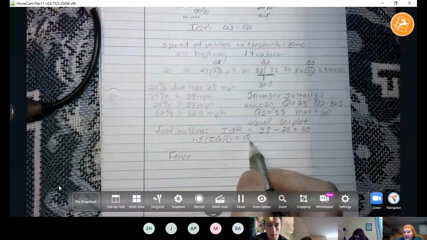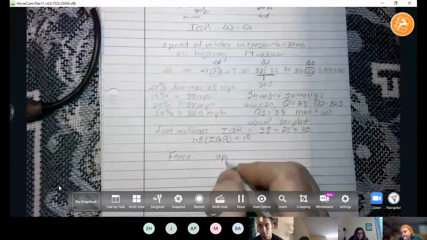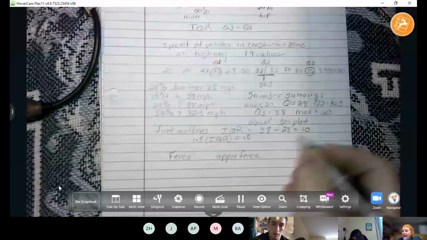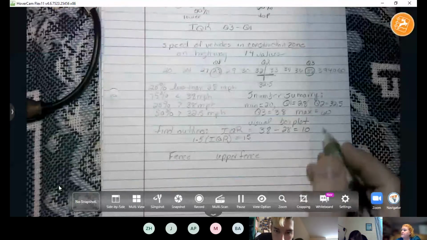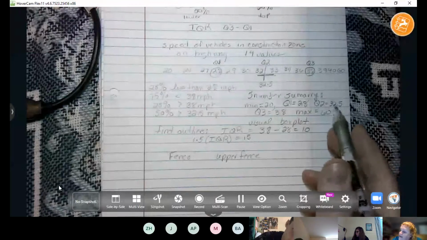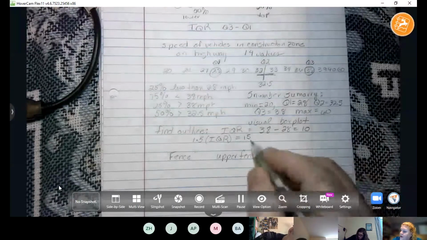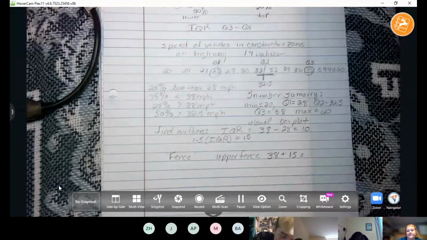So we're going to take this value and find the upper fence by adding that value to the third quartile. So the third quartile is 38 plus that amount. What does that give us?